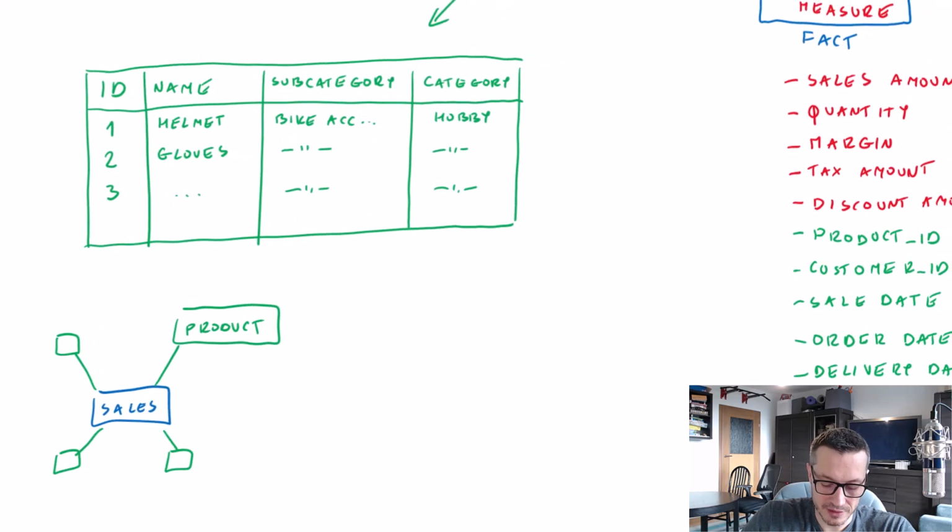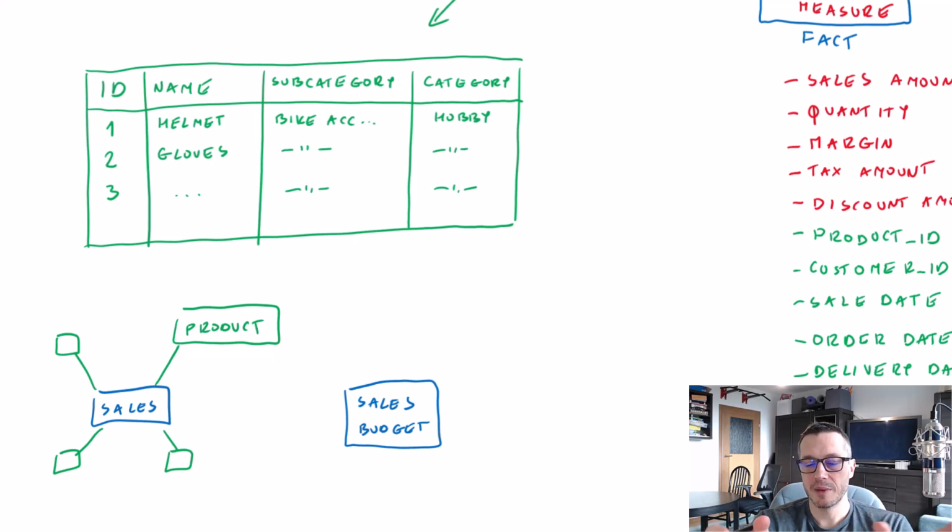Maybe let's call it sales budget. And basically by sales budget, I mean what is the target, maybe quarterly target, defining how much sales it is planned to be done for a given product category.